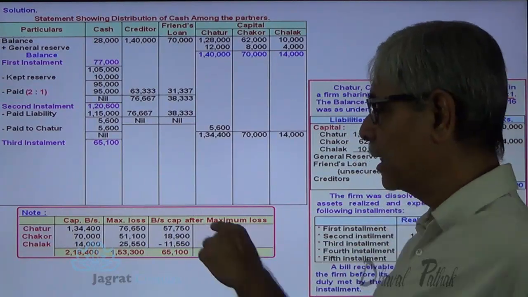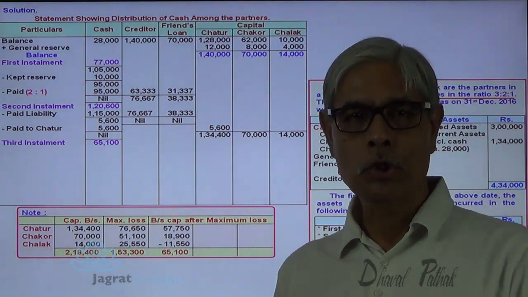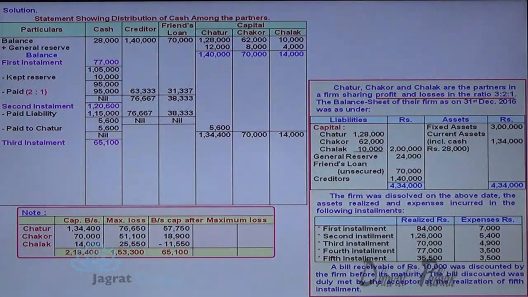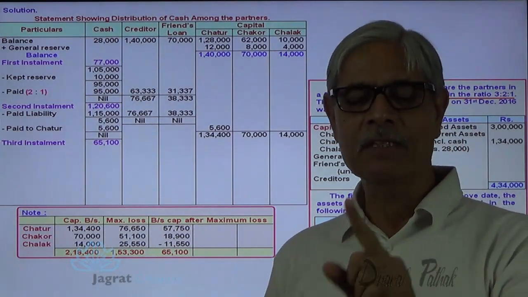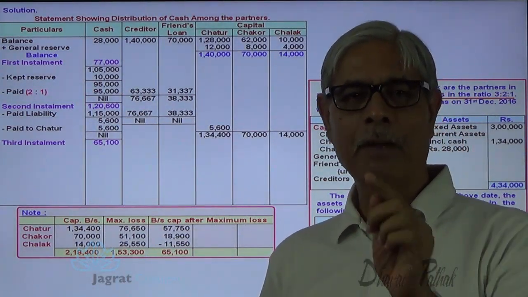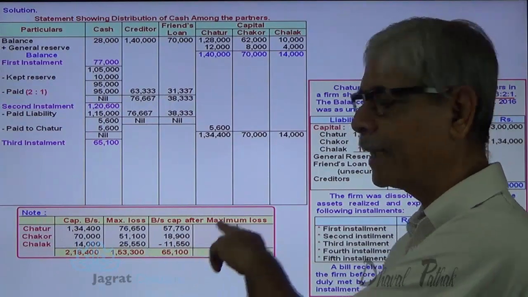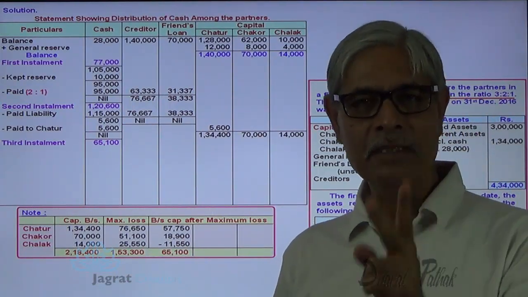But remember that this capital deficit should not be misunderstood with the capital deficit that you studied in Garner versus Wood's decision. In Garner versus Wood's decision, the word capital deficit was used. Here also I get a capital deficit, but there is a basic difference.